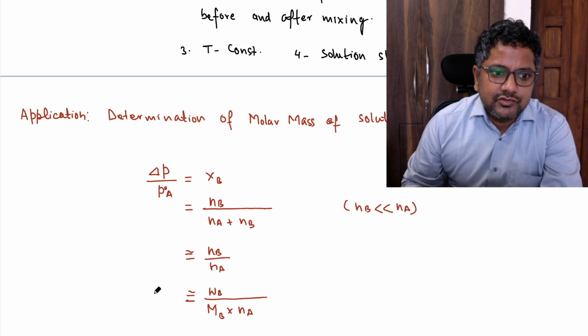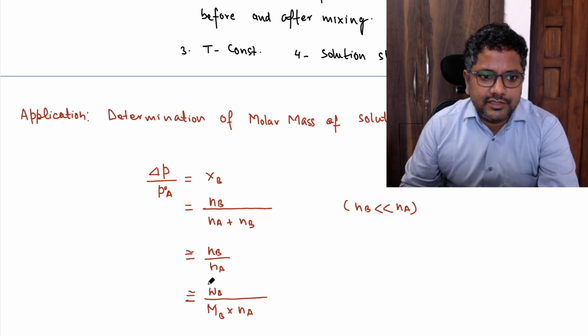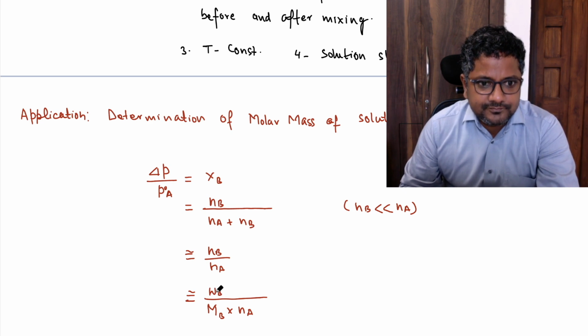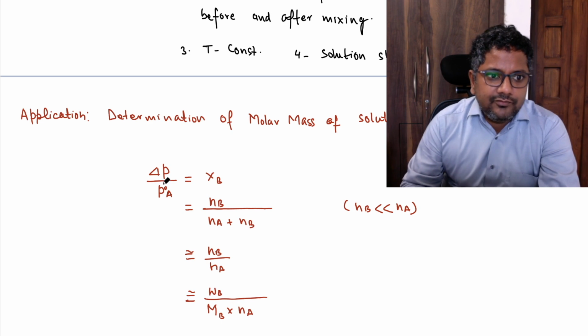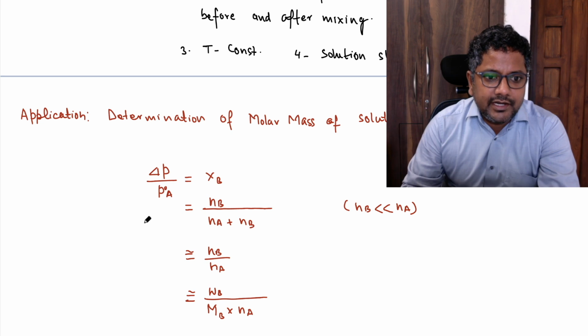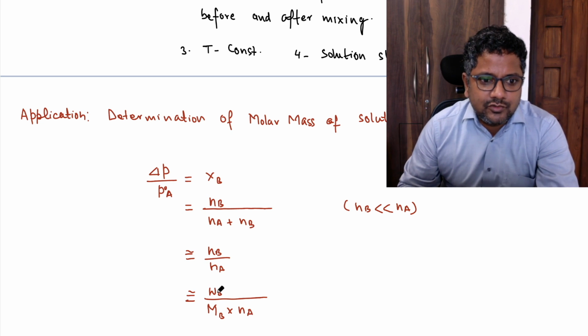So if we take a known amount of this solute in a given quantity of solvent, and measure the relative lowering in vapor pressure, the left-hand side term is known, so we can calculate this MB, right?